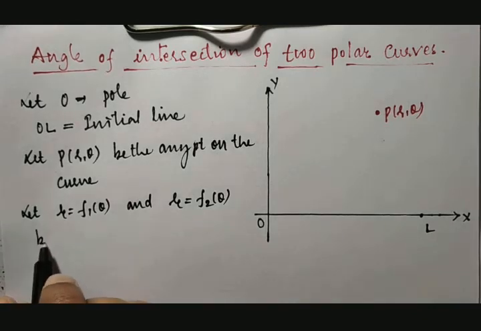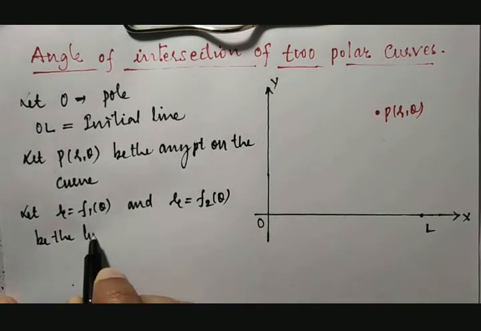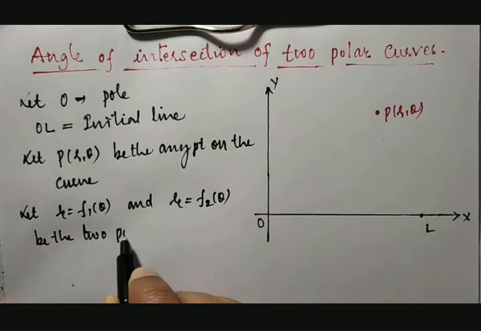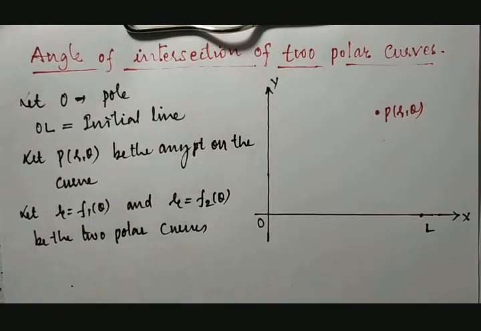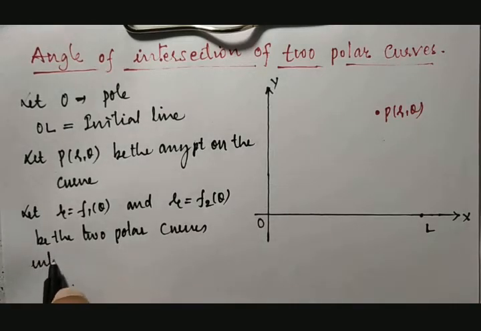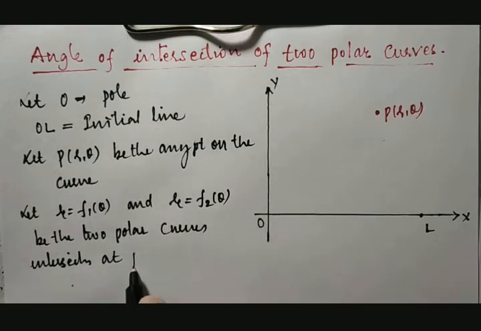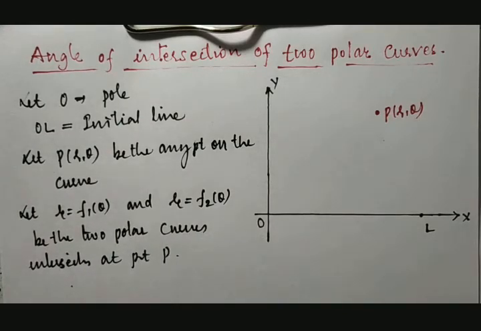These are the two polar curves intersecting at a point P. So now we need to draw two polar curves.